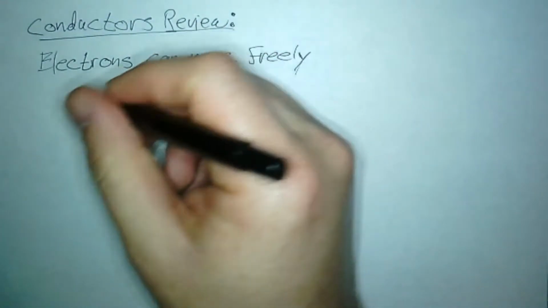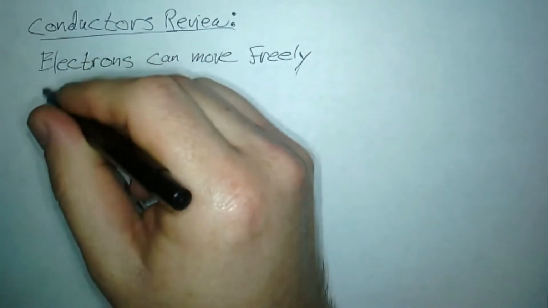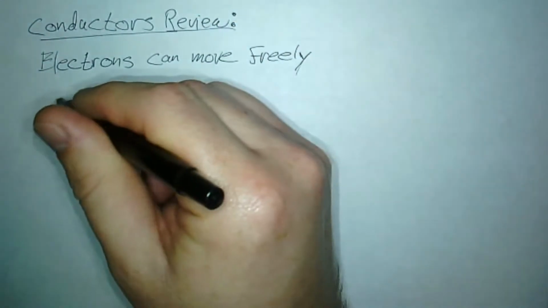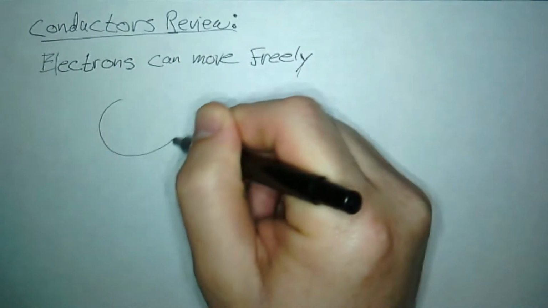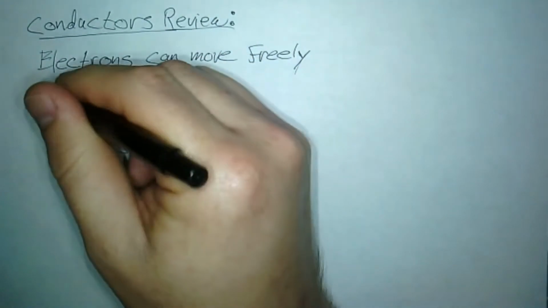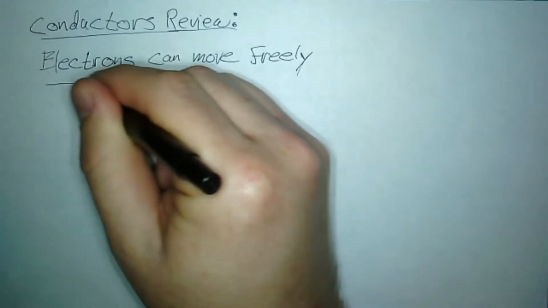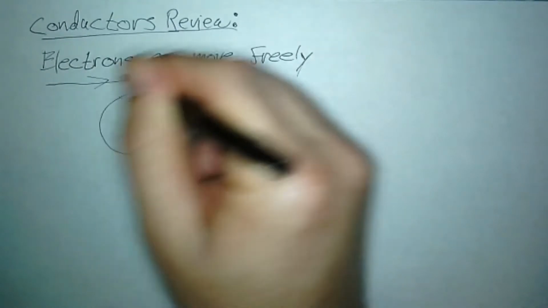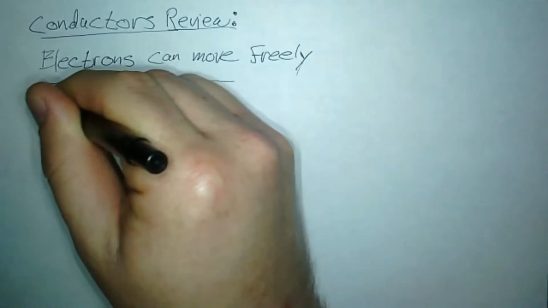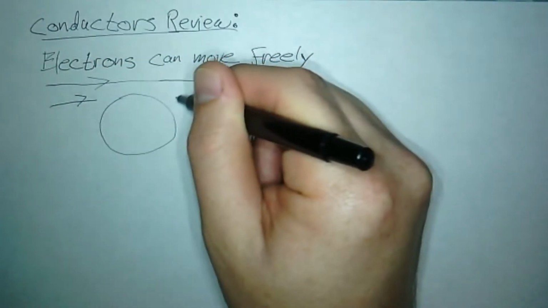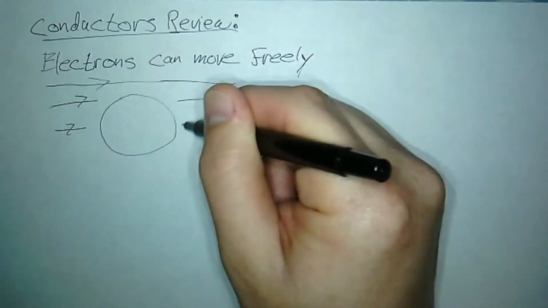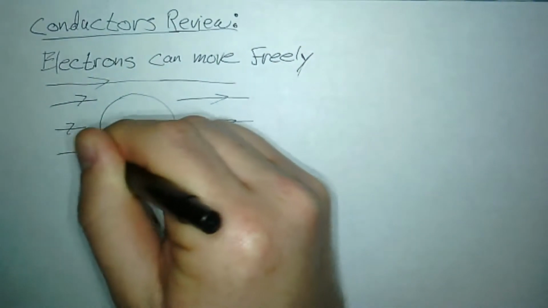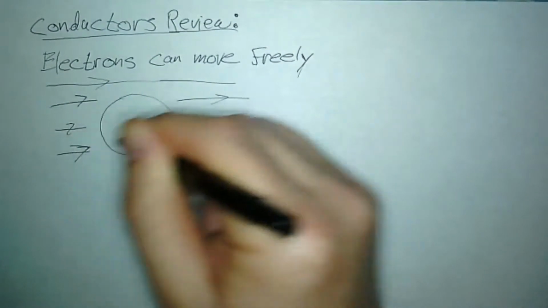So if you take, let's say, a conducting sphere, and you place it in an electric field, so you have the electric field going across, what happens?